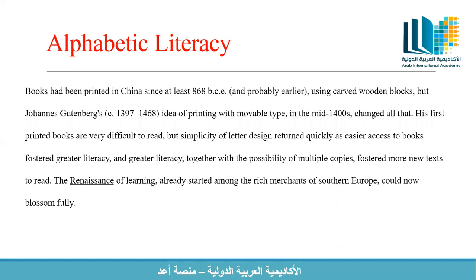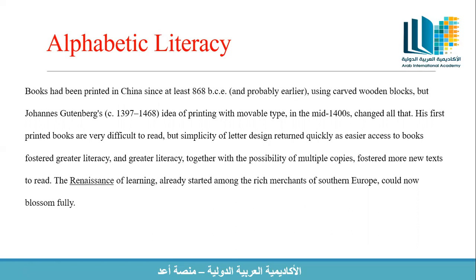Books had also been printed in China since at least 886 AD, and probably earlier, using carved wooden blocks. So there had been many ideas, including Johannes Gutenberg's idea of printing with movable type.